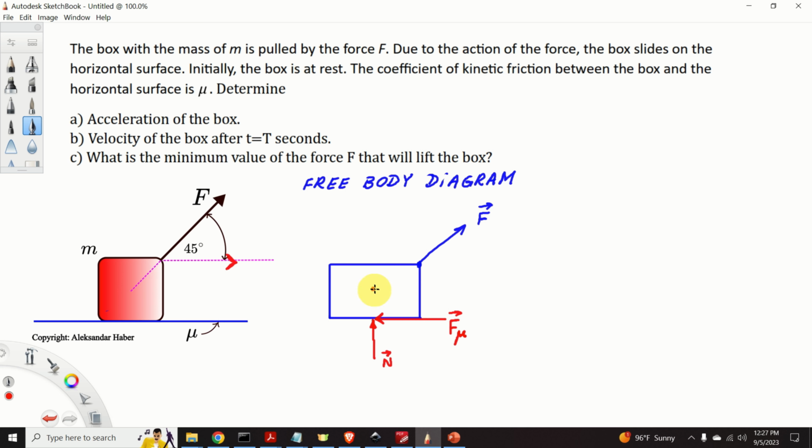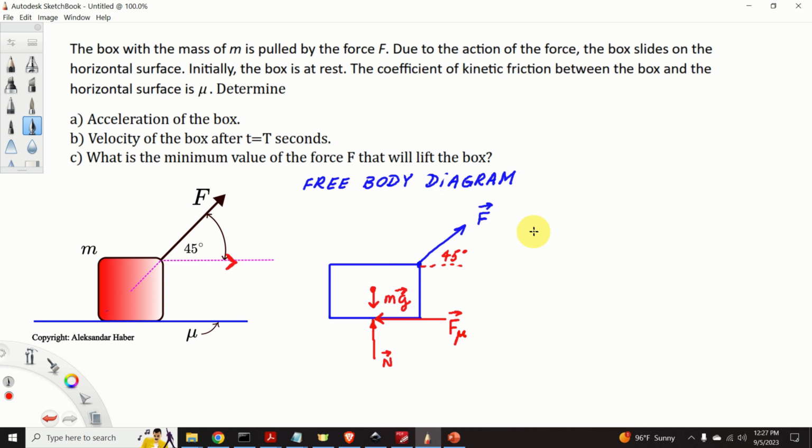In addition, we have the mg force. That is, we have the weight of our box. Here's mg. And finally, over here, we'll write the angle. The angle is 45 degrees. That's our free body diagram.